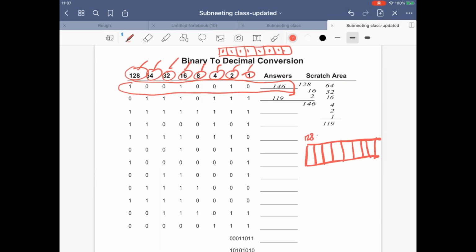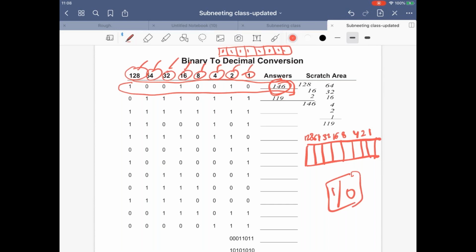On top of that, write 128, then 64, 32, 16, 8, 4, 2, 1. Now, if you want to convert the decimal value 146 into binary, you will use 1 or 0, correct?